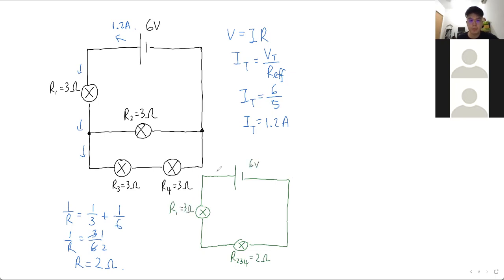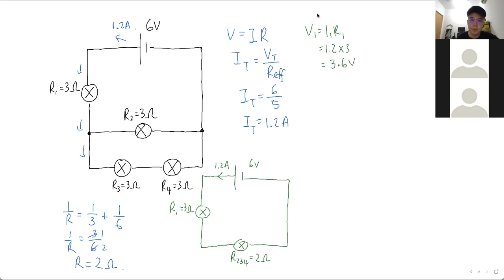Okay, 6 volt. 1.2 ampere coming out from the battery passes through this one and this one. Find the voltage across R1. Okay, then I find V1. V1 equals I1 R1. Then I is the same, 1.2, so V1 equals 1.2 times 3, 3.6 volt.